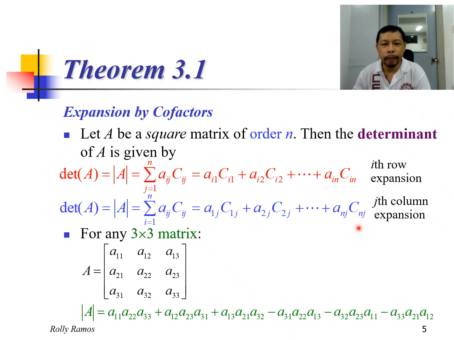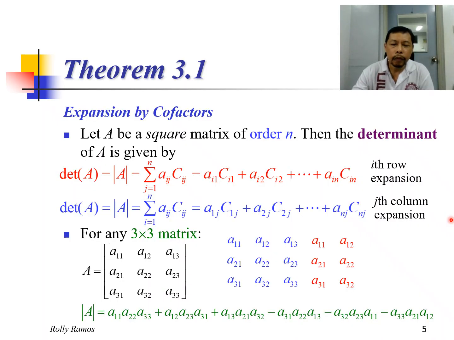Now for any 3 by 3 matrix, or a matrix of order 3, so 3 rows and 3 columns, instead of using the cofactor expansion, we have a shortcut. We could simply rewrite the first two columns and augment them to the original matrix.